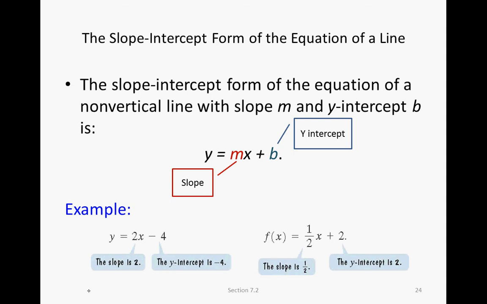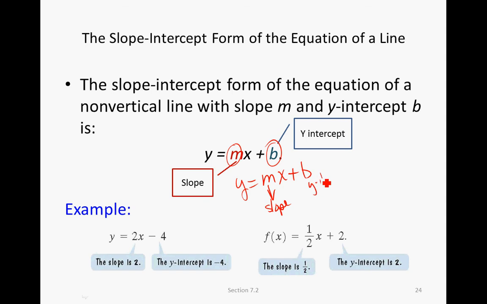The slope-intercept form of the equation of a line has two parts. You've got the slope of the line, and you've got the y-intercept. It is always written as y equals some number m times x plus some number b. M is always the slope of the line.